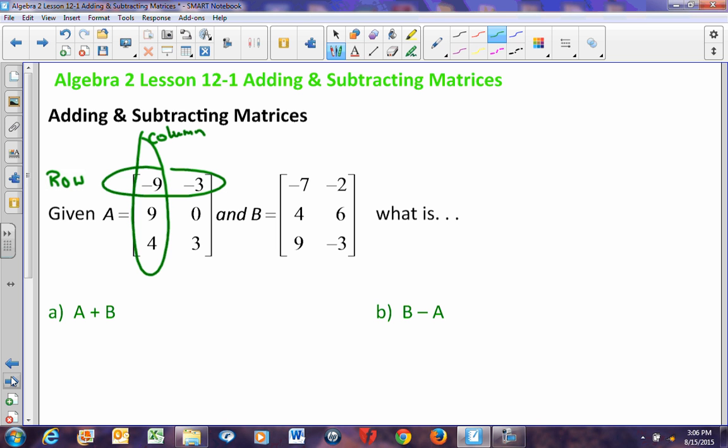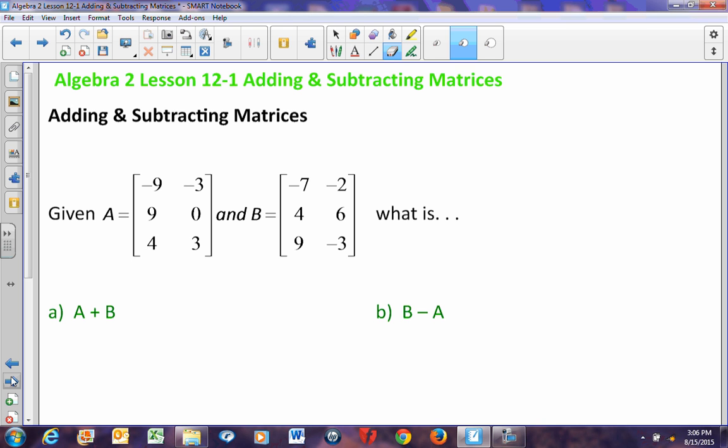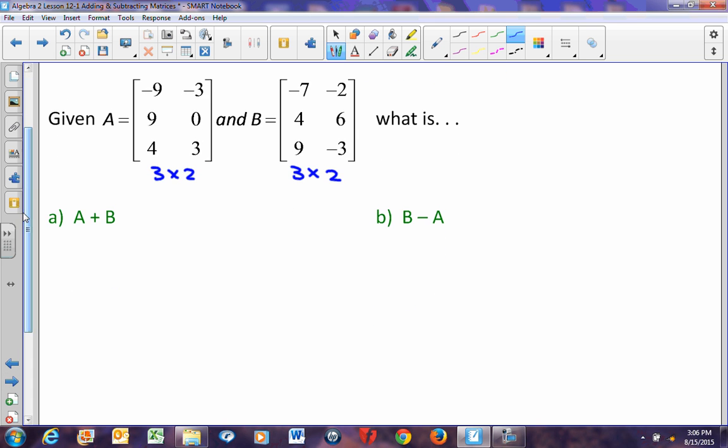Since this particular matrix A has 3 rows and 2 columns, and matrix B also has 3 rows and 2 columns, they can be added or subtracted because they are the same size. We would name this a 3 by 2 matrix, and this one a 3 by 2 matrix. Same size, therefore they can be combined. If I was going to combine A and B, I would simply combine the corresponding elements.